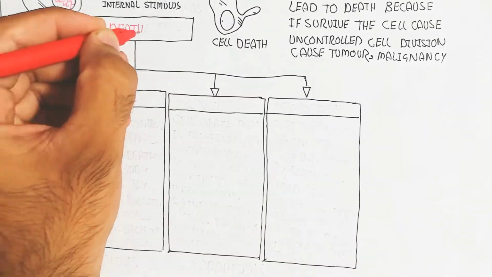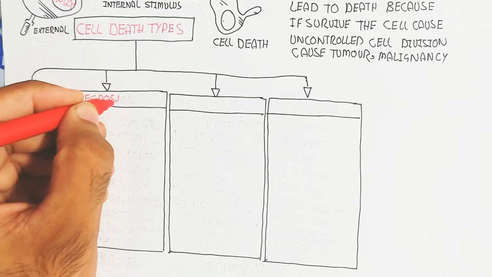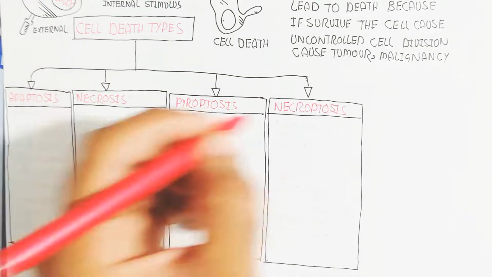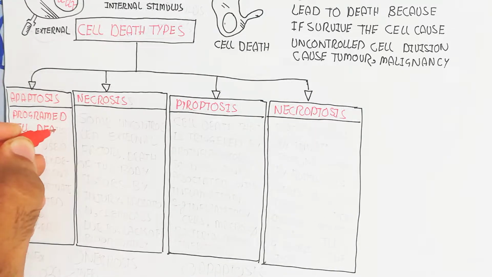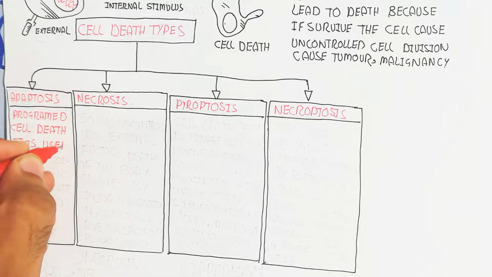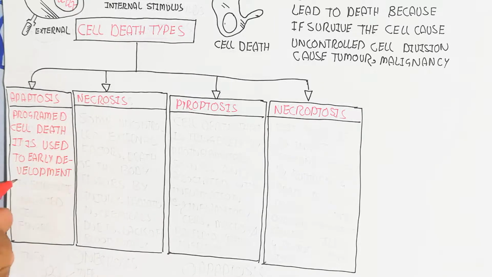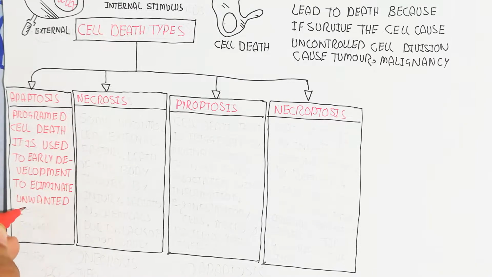So let's begin to understand the cell death types. Number one is apoptosis, then necrosis, pyroptosis, and necroptosis. Apoptosis is programmed cell death. It is used in early development to eliminate unwanted cells, like in finger development during the early age of the fetus.